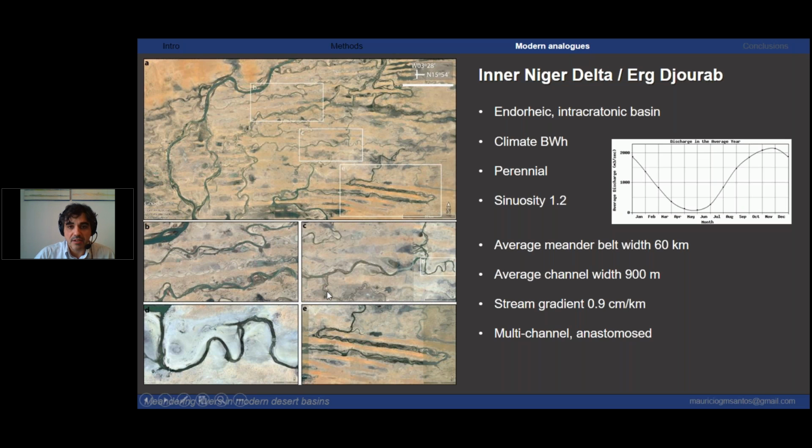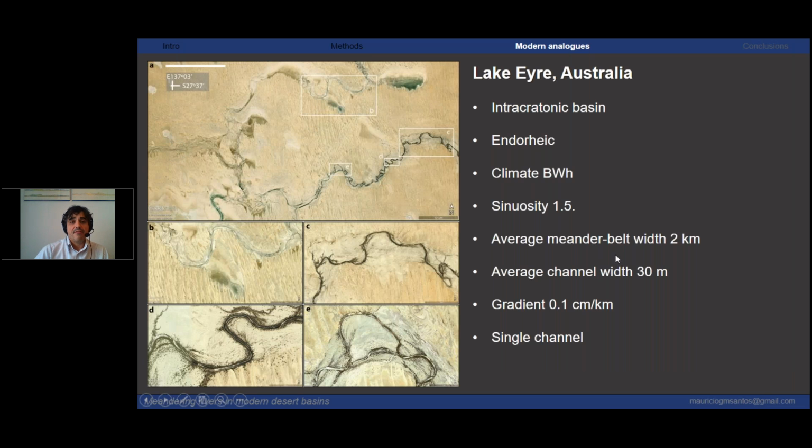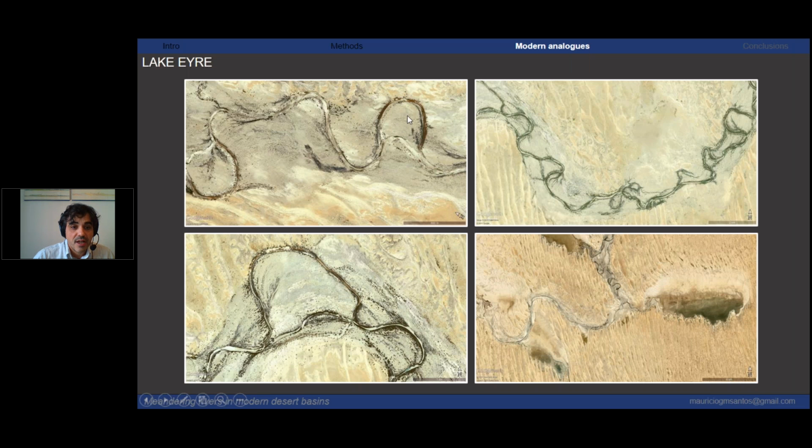Even when they are laterally contained by dunes, they still develop wandering to sinuous patterns. We have Lake Eyre in Australia, which is an intracratonic, endorheic basin. We have multiple channels with wandering to meandering planforms and scroll preservation. We can see cutoffs and crevasse splays.